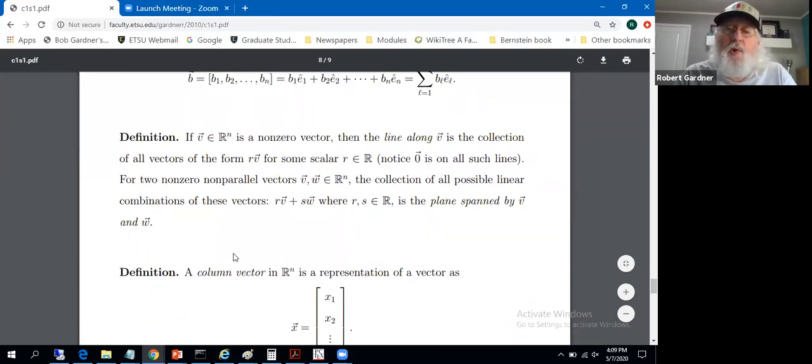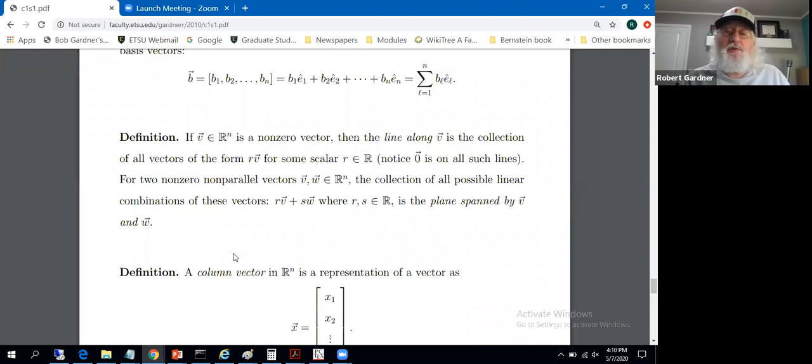To give more geometric interpretation, stuff we can see, lines and planes. Higher than that in terms of dimensions, it's hard to visualize. But in our ongoing quest to try to draw pictures, we have the following definition. Take a single non-zero vector v from Rn.